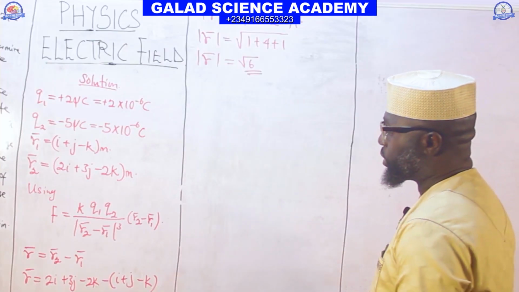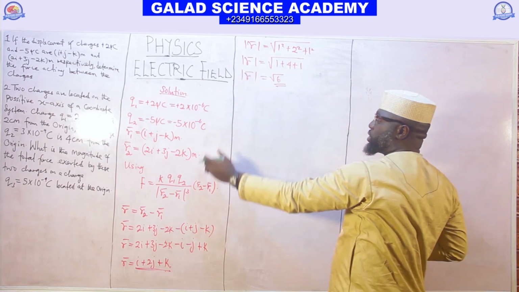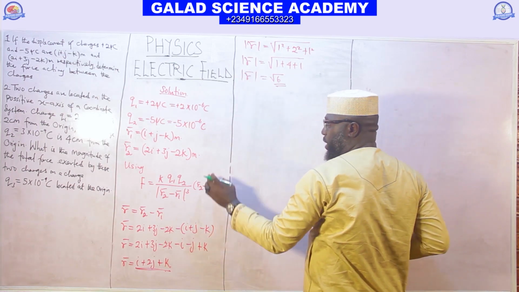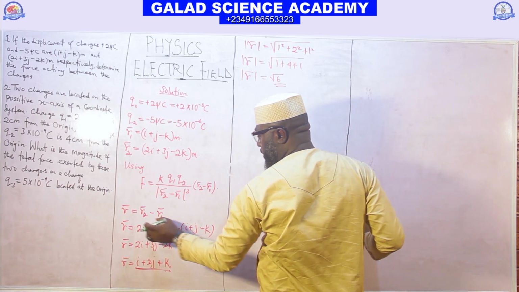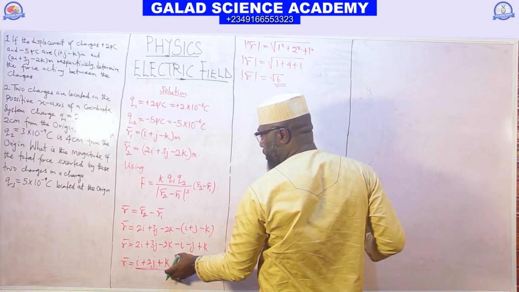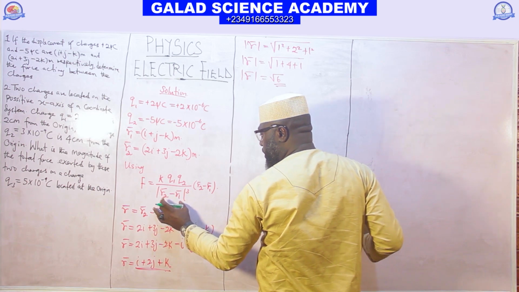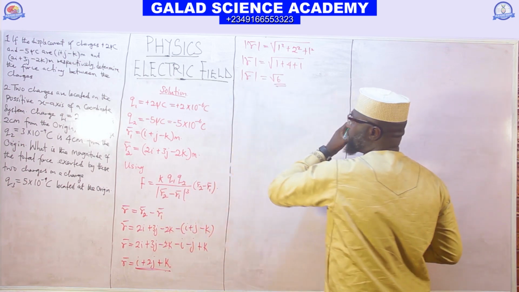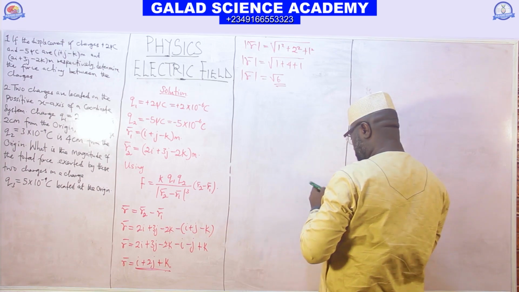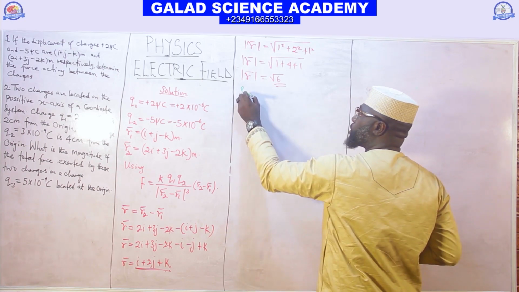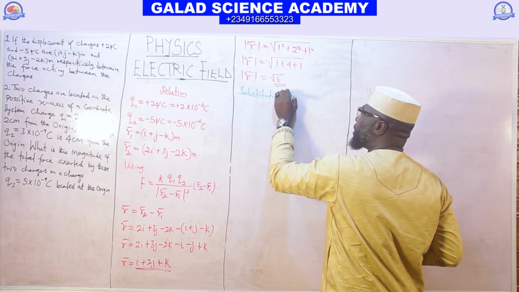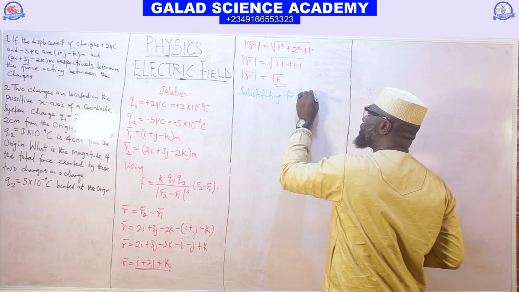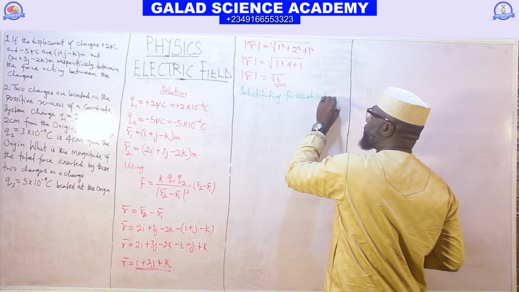So the next thing is we can now substitute for each value. We know the displacement r is equal to this, and we know the magnitude, which is equal to this. So let's substitute for each value.